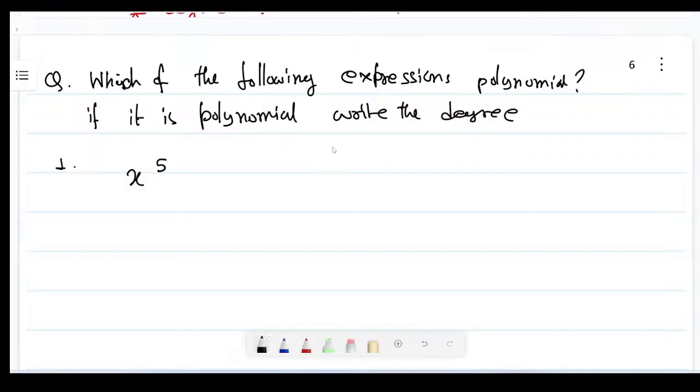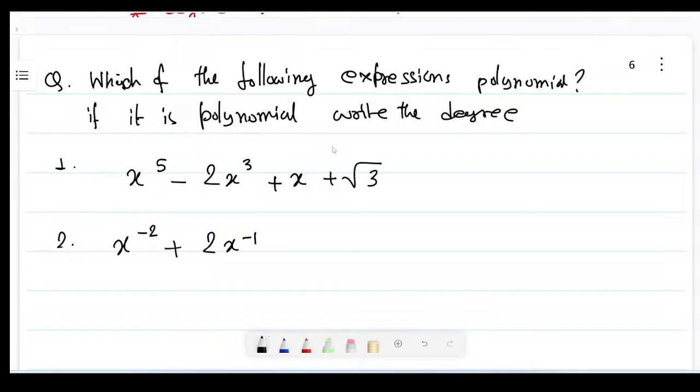x to the power 5 minus 2x to the power 3 plus x plus root 3. Another is x to the power minus 2 plus 2x to the power minus 1 plus 3. Another is 1.